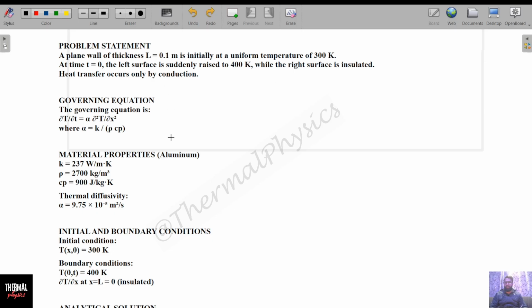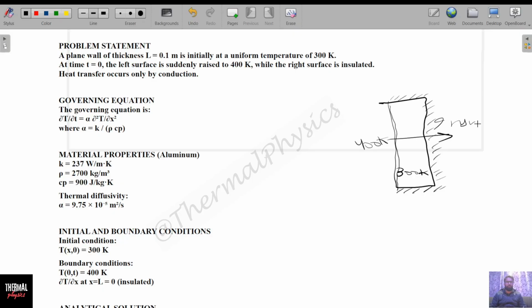So our problem here is we have a plane wall with thickness 0.1 meter, which is initially at 300 Kelvin. So we have a simple wall here. The entire wall is initially at 300 Kelvin, and now this end is suddenly raised to 400 Kelvin temperature, and the other end, to make sure the heat transfer is one dimensional, is kept insulated, as well as these two ends.